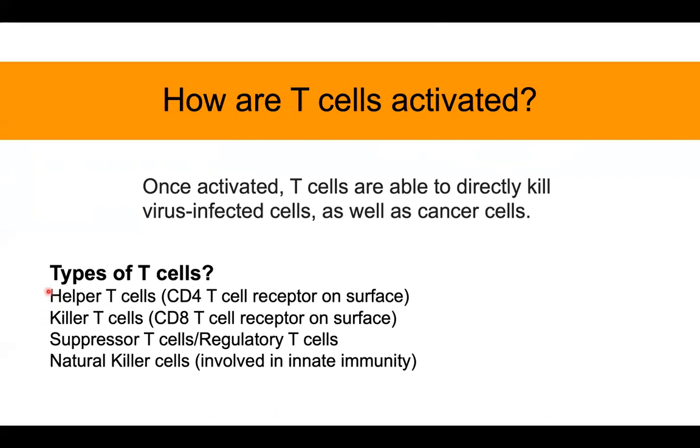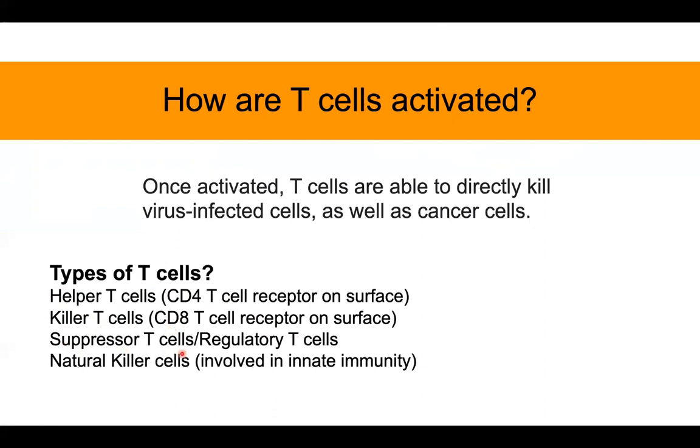There are the helper T cells, and they're going to have a CD4 T cell receptor on their surface. Killer T cells will have a CD8 T cell receptor on their surface. All that means is that there's this protein on the outside of the cell, and it's got a different shape. So 4 is going to have a particular shape, 8 is going to have a particular shape on the outside of that cell.